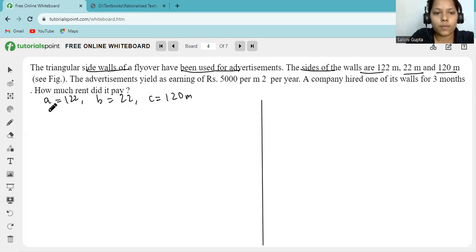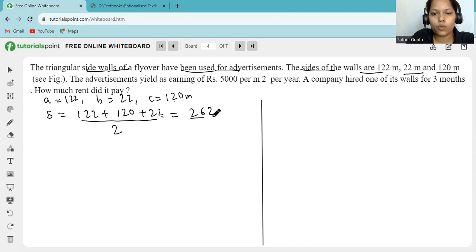Now let us find out the S. So 122 plus 120 will give you 242, plus 22 is 264. Now if you divide it by 2, you will get the answer 132 meter. Right, so these all are in meter.